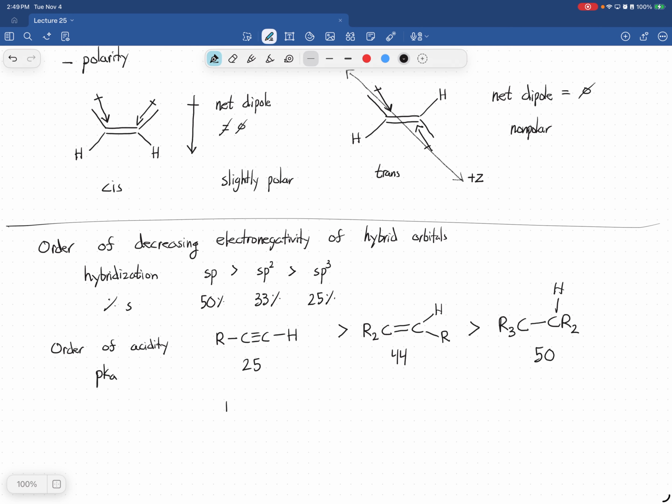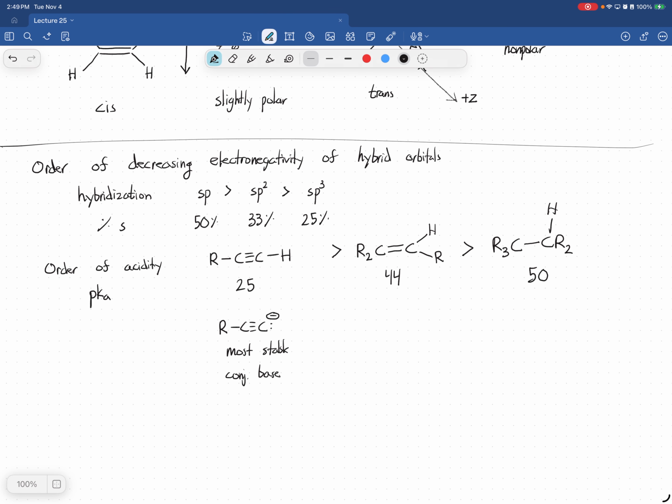So we can say here that this group right here is the most stable conjugate base. Which one is the least stable? sp3. So here, this one, R3C, so this negative charge here, least stable.